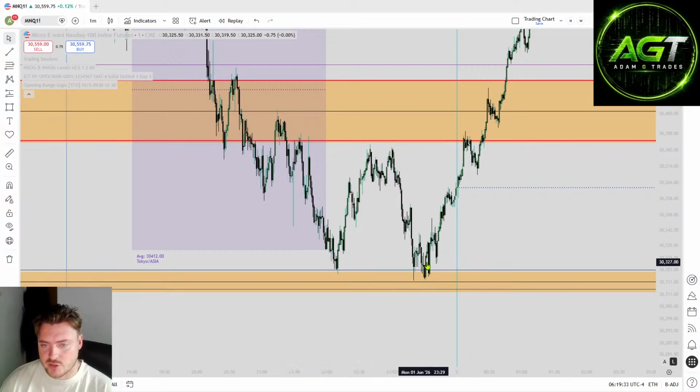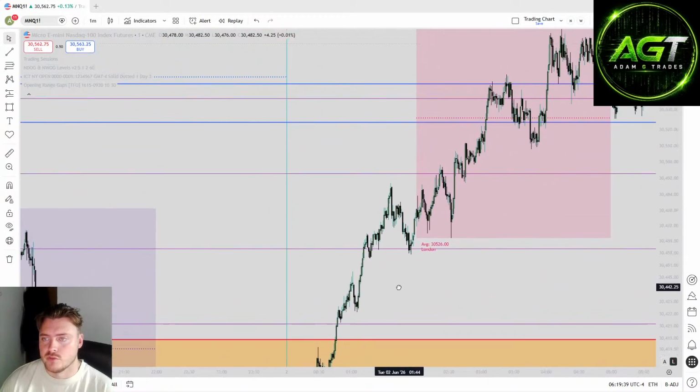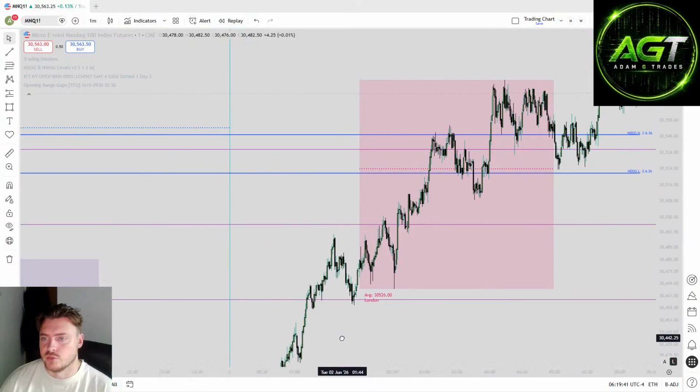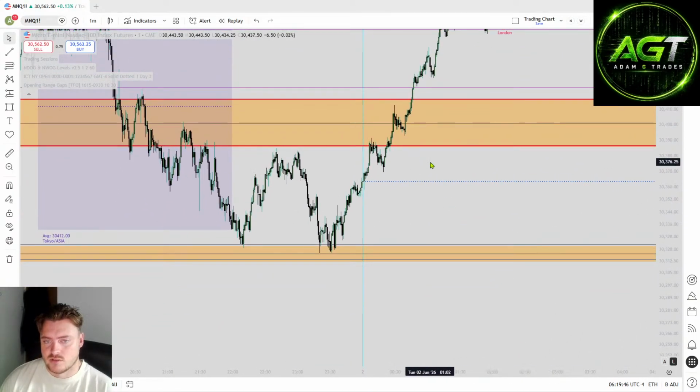Then we get the reaction and numerous places to enter all the way up throughout that move. It's what you could have caught, because now at least until 7 o'clock we're in.